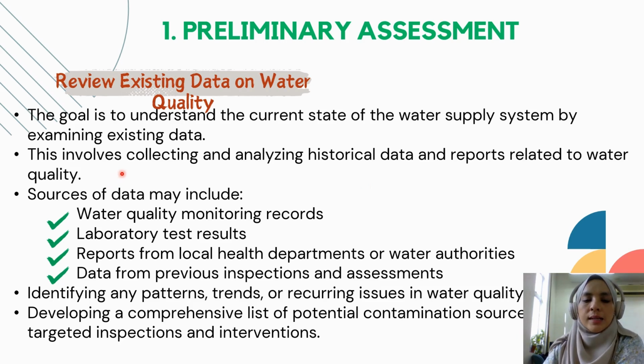This involves collecting and analyzing historical data reports related to water quality. Sources of data may include water quality monitoring records, laboratory test results, reports from local health departments or water authority, and data from previous inspections and assessment.